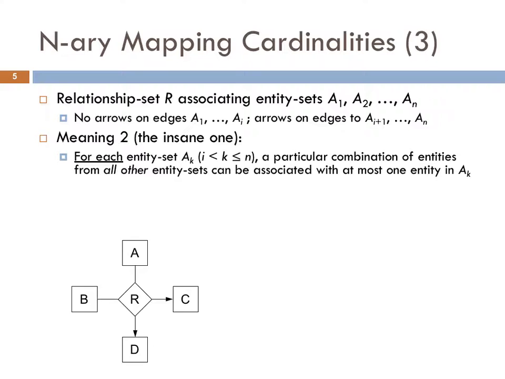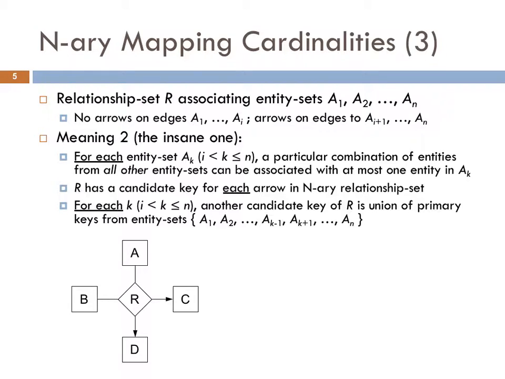All the other entity sets in the relationship set are considered to be distinct when it comes to entities in that one particular entity set. So for each entity set AK, which is an entity set with an arrow to it, a particular combination of entities from all the other entity sets can be associated with at most one entity in AK. Which means, it's just ridiculous. Let me just show you.